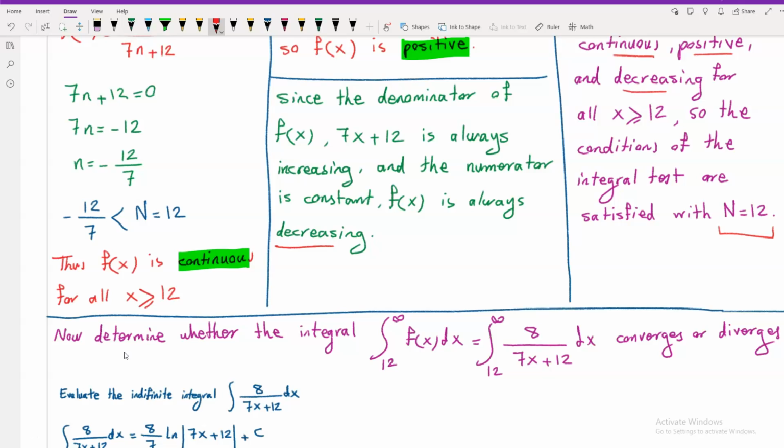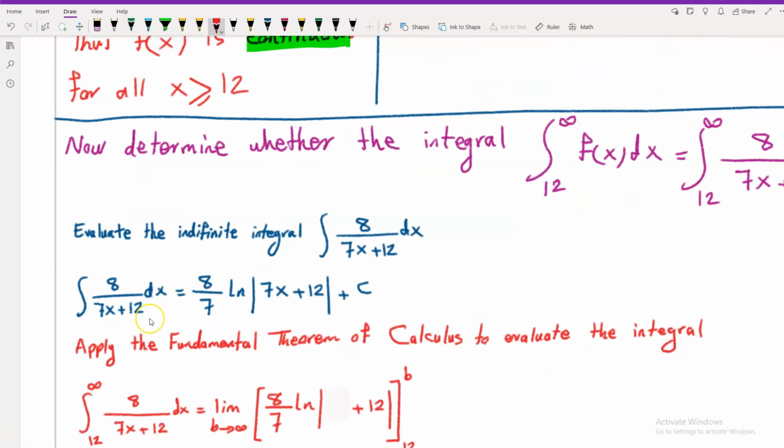Now determine whether the integral of f of x dx, which is the integral of 8 over 7x plus 12 dx, converges or diverges. So evaluate this integral. The integral of 8 divided by 7x plus 12 times dx is equal to 8 over 7 natural log of the absolute value of 7x plus 12, plus C for constant.